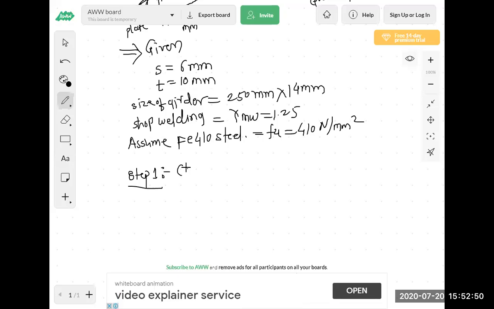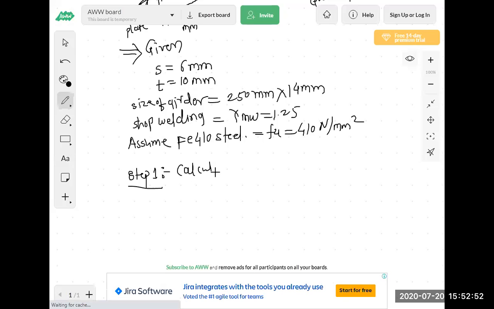Step number 1 is calculate the size of weld. Now the size of weld they have given in the problem statement, that is 6 mm. If not given in the problem statement, how to calculate the size of weld?